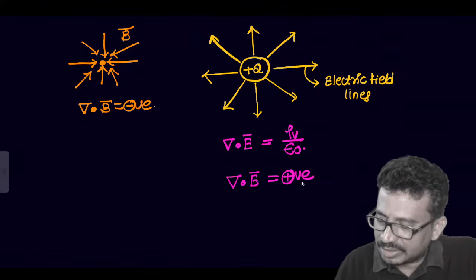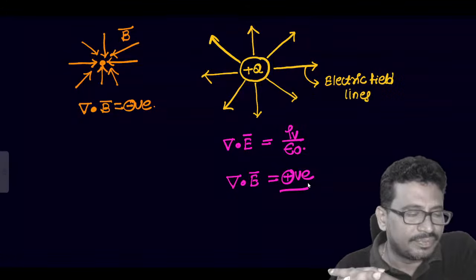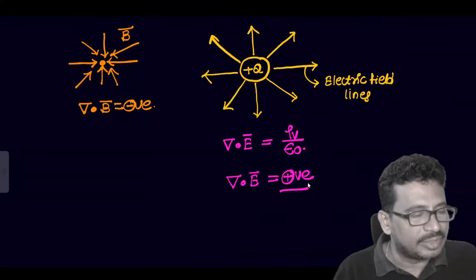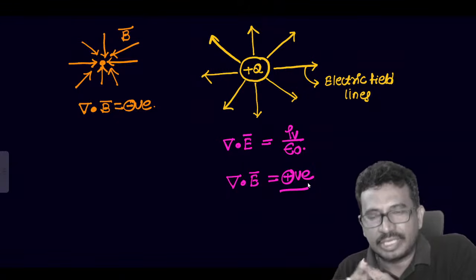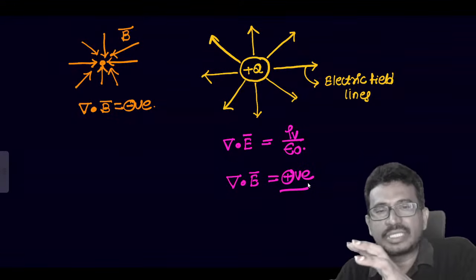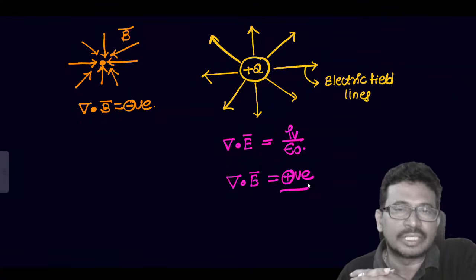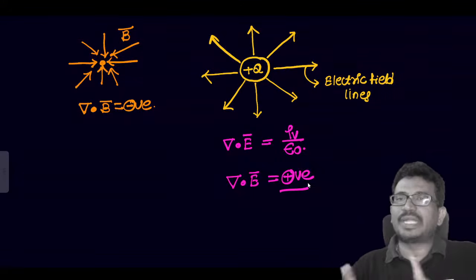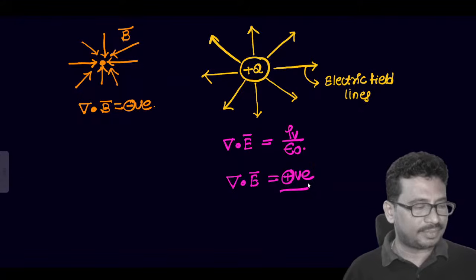So the electric field is a diverging field. That's why divergence is non-zero, some value is there, but the nature of electric field lines is diverging, spreading nature.